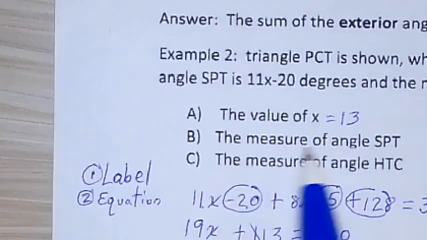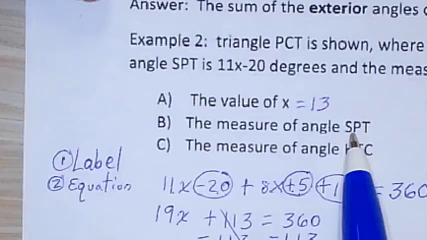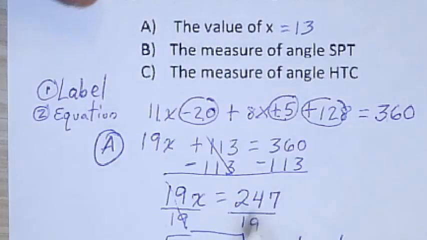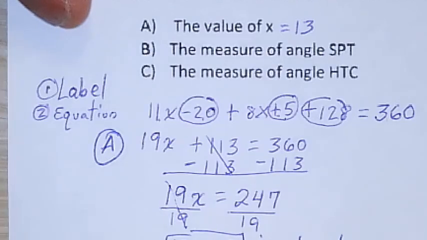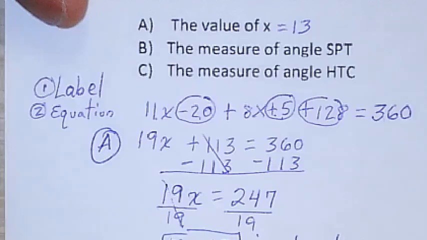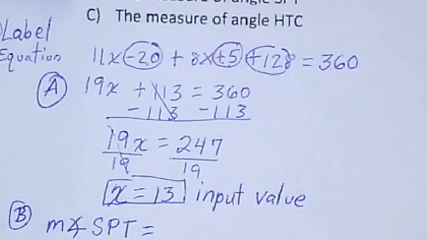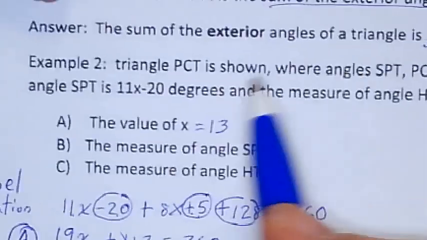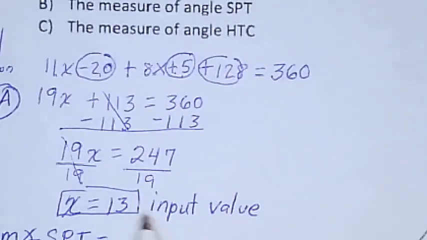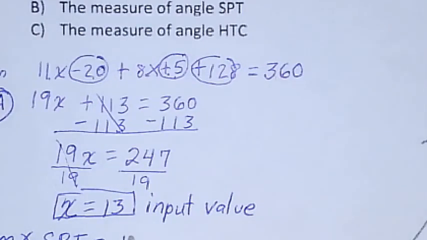It says, find the measure of angle SPT. That was part A. Part B, the measure of angle SPT equals. If you don't know where SPT is, it says it in two places. SPT is 11x minus 20. So if you put down 11x minus 20, this is how you use the input value.